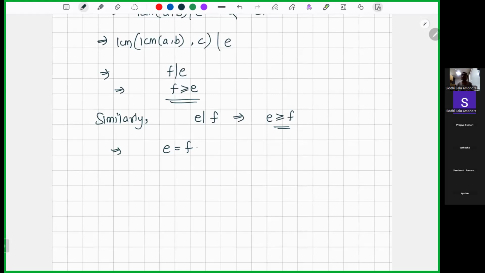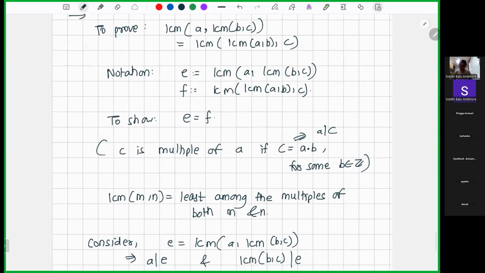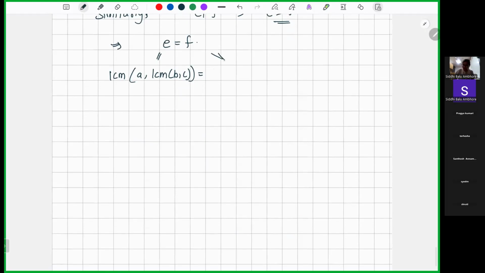So this was my LCM of a, LCM of b, c, and this is equal to LCM of LCM of a, b and c. Okay, so therefore associativity is done.